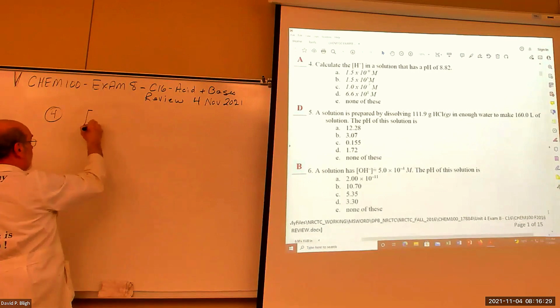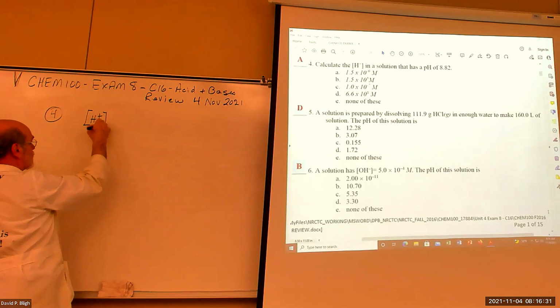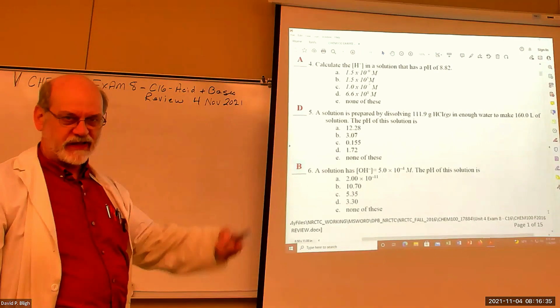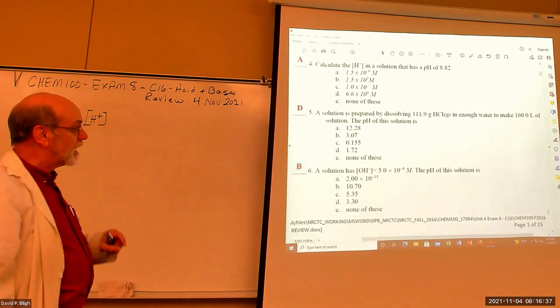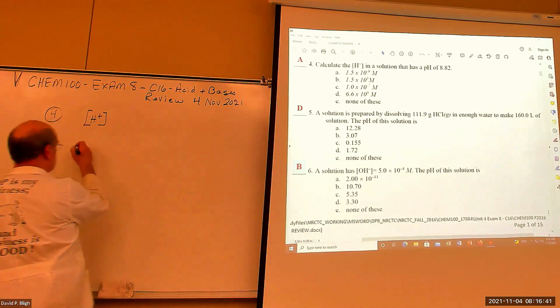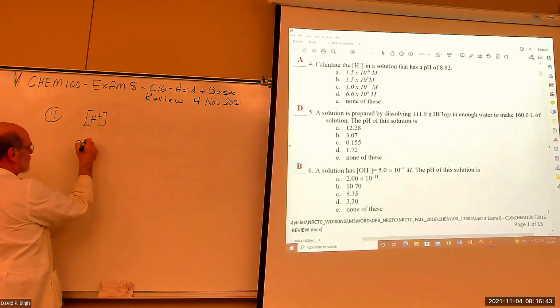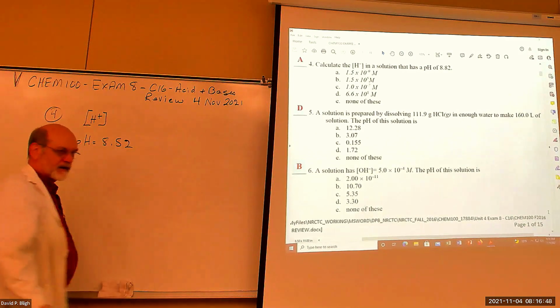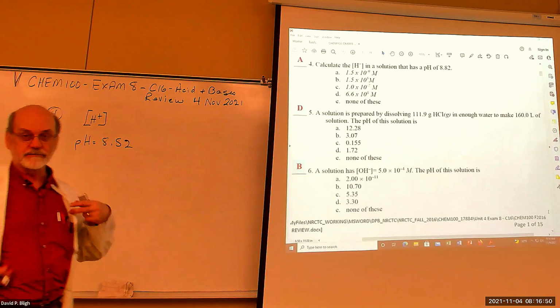You want to know this value. What's the concentration of hydrogen ions? And we're talking molarity, moles per liter, in a solution that has a pH of 8.82.